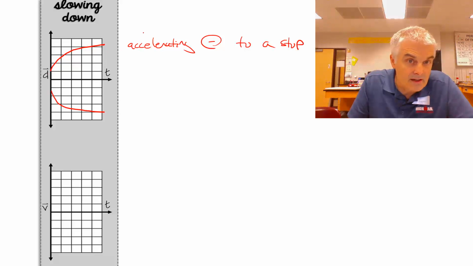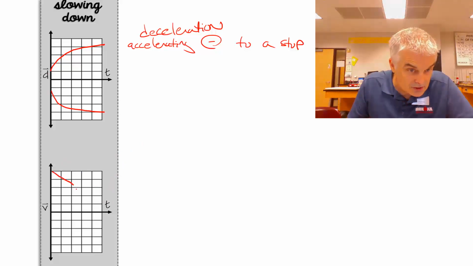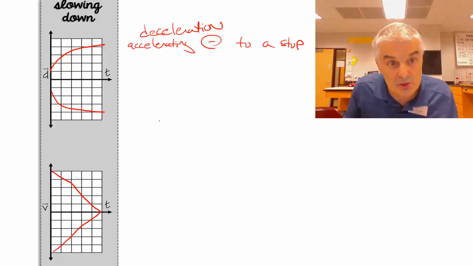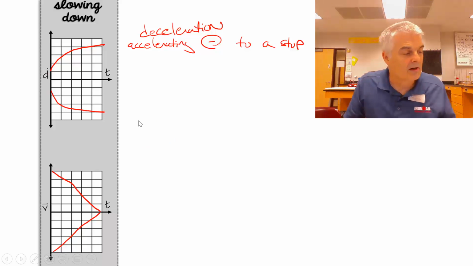So there, we might use the word deceleration. Deceleration is negative acceleration. All right, what might that look like in a VT graph? The interesting thing is it's also going to be a straight line, but notice it's going to be like this.